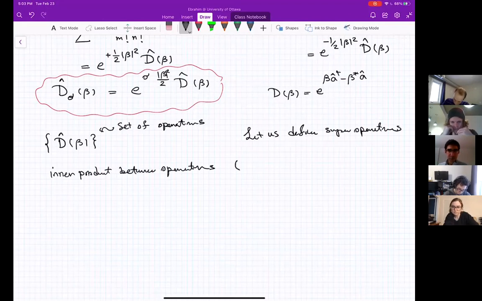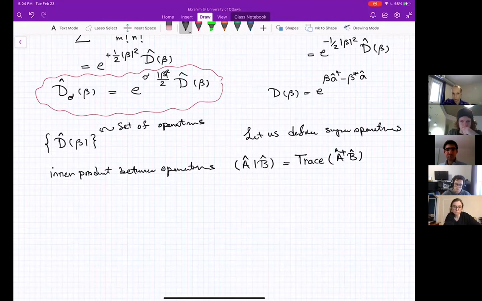Let's call these two operators A and B. And if you use the proper mathematical representation for the operators, then in the Frobenius definition, it is given by the trace of A dagger B. This is the definition that you do have.